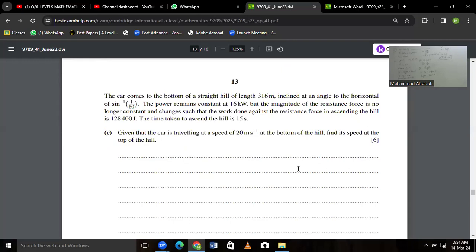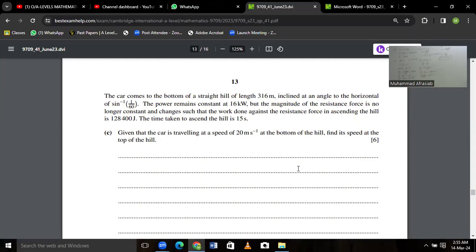The car comes to the bottom of a straight hill of length 316 meter, inclined at an angle to the horizontal of sine inverse of 1 over 60. The power remains constant at 16 kilowatt, but the magnitude of the resistance force is no longer constant, and it has changed so that the work done against the resistance force in ascending the hill is 128,400 joules.